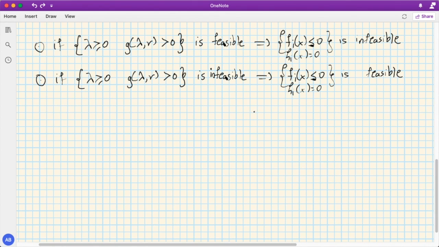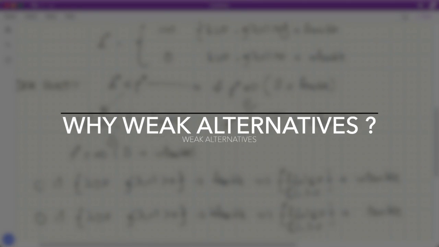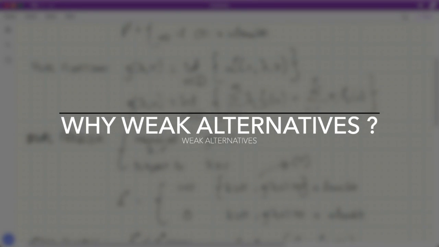So in other words, those two sets are said to be weak alternatives. This is what we mean by weak alternatives. It means at most one of the sets of inequalities and equalities is feasible. So why is this important? Why do we care, right?